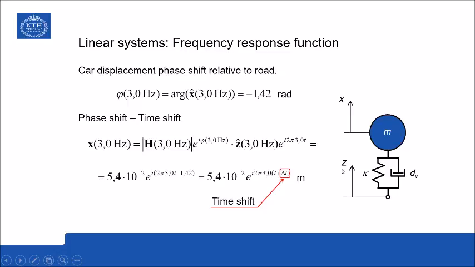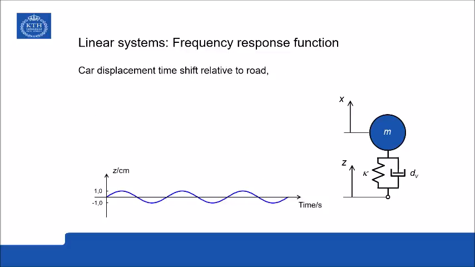And the question now is, how to illustrate this time shift? Well, if we plot first the time dependence of the position of the wheel road contact point, and let us say that we start the watch, so to speak, when it passes 0 here, so we get a pure sine.